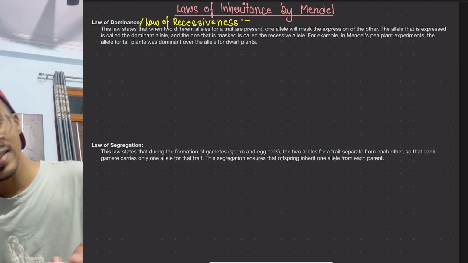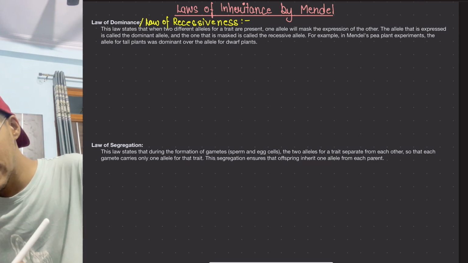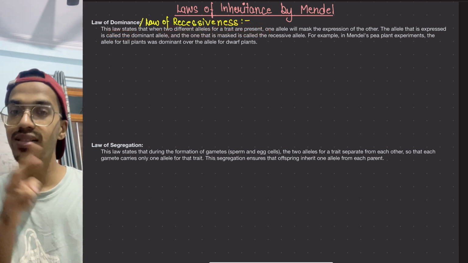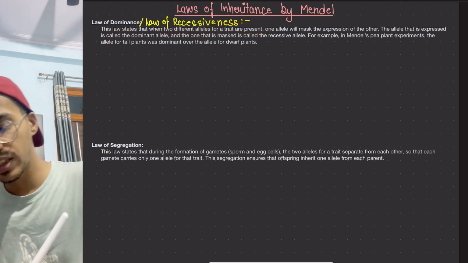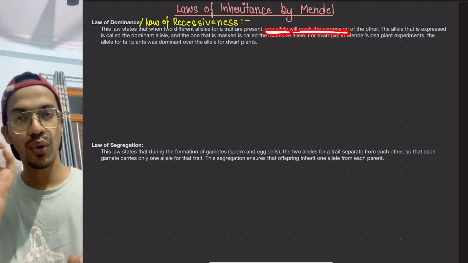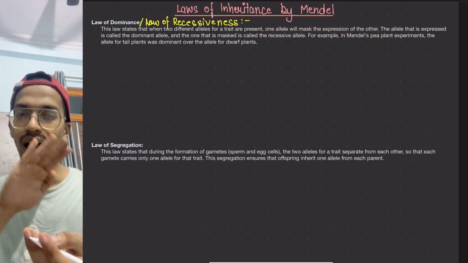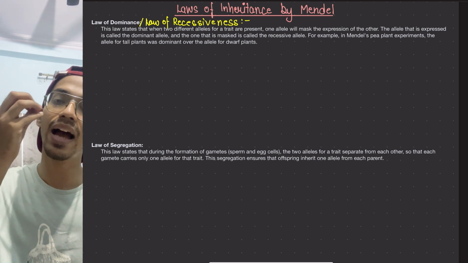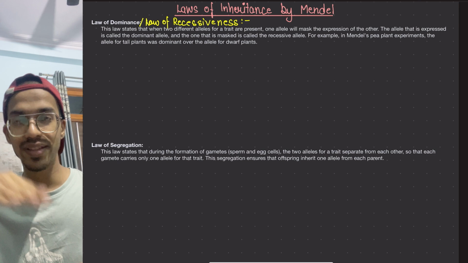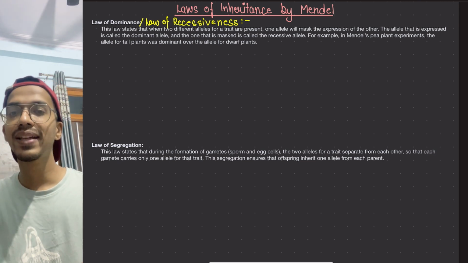So over here it is saying that the law states that when two different alleles of a trait are present, meaning two different contrasting characters present for a gene, one allele will mask the expression of the other. The one which will mask means which will stop, hide it. In case of my brown or blue color eyes, the blue color is being masked, hidden, by the brown one.